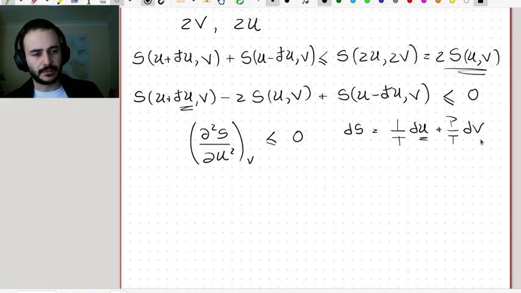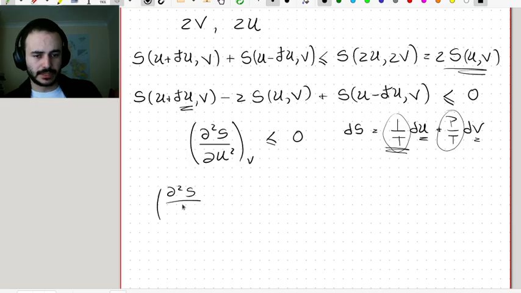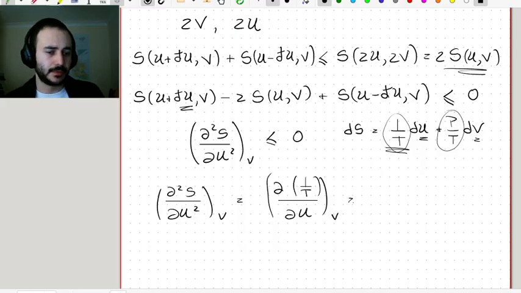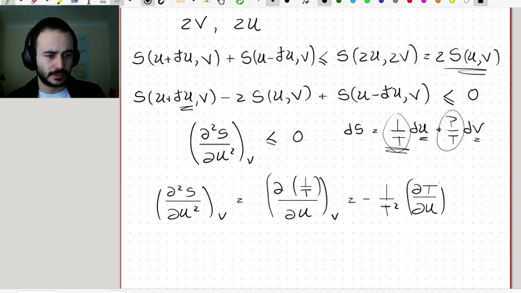So the natural variables are u and v, and the corresponding conjugate variables are 1 over T and P over T, which means that the partial derivative of S with respect to u is 1 over T. So the second partial derivative of S with respect to u twice equals the partial derivative of 1 over T with respect to u at constant v. Okay, and if we carry out the derivative, you get 1 over T squared with a minus sign, and here you have the derivative of T with respect to u at constant volume.